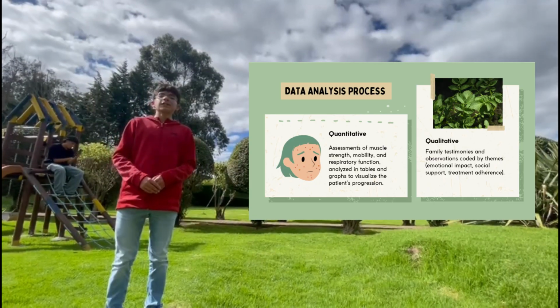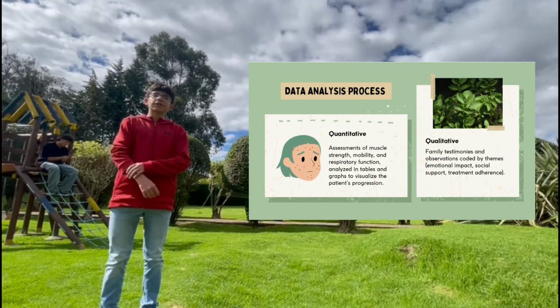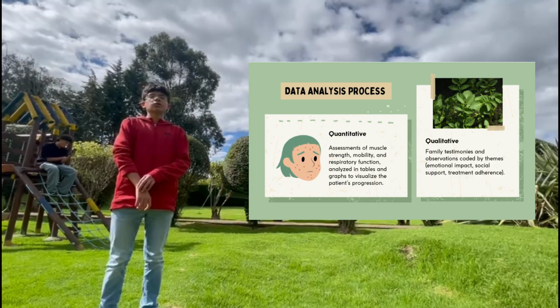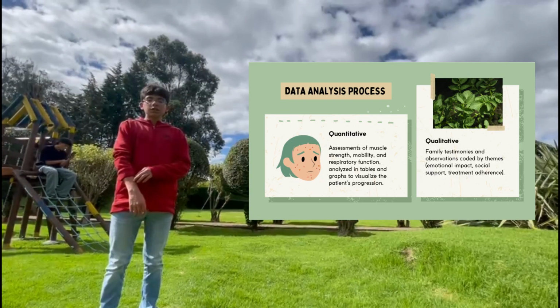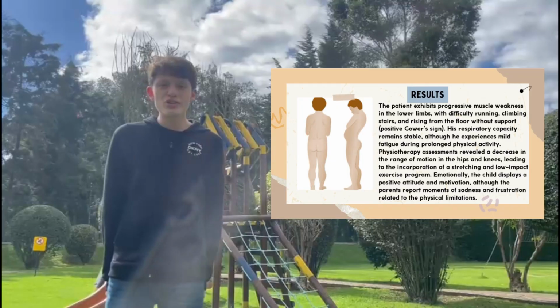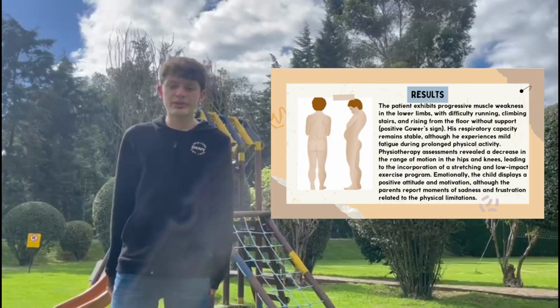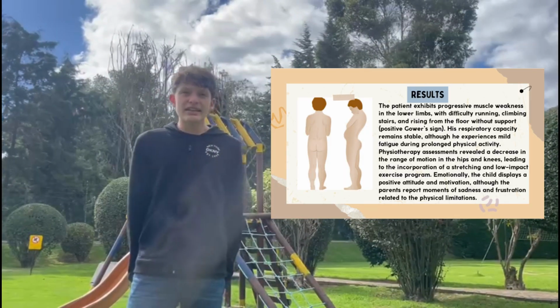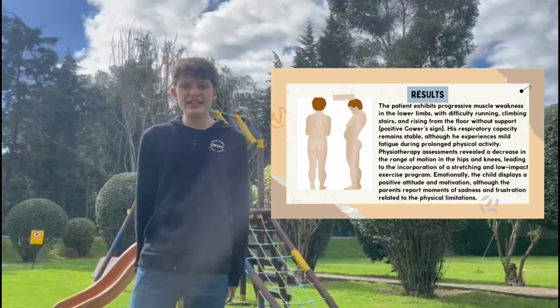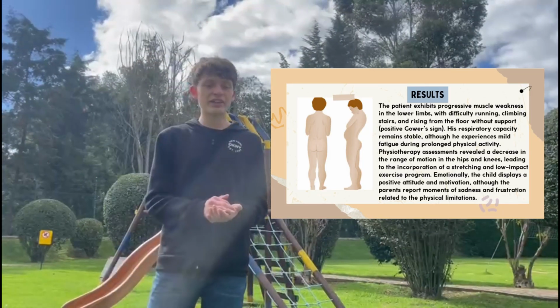And the qualitative is the family testimony and the observations collected by them, like the emotional impact, the social support, and the treatment adherence. The patient shows progressive muscular weakness in the limbs and has difficulties in activities like running, climbing, and other general physical activities.